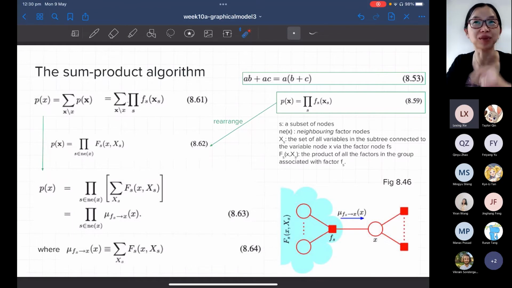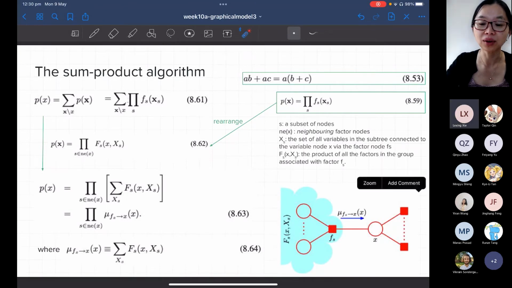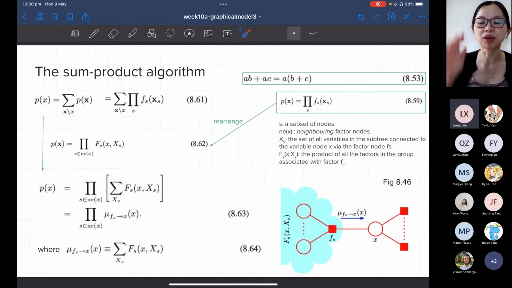I don't know where it sits in the curriculum right now. So what it basically says: as computer scientists, multiplications are expensive, summations are less so. By doing AB plus AC equals A multiplied by B plus C, we essentially try to do the summation.